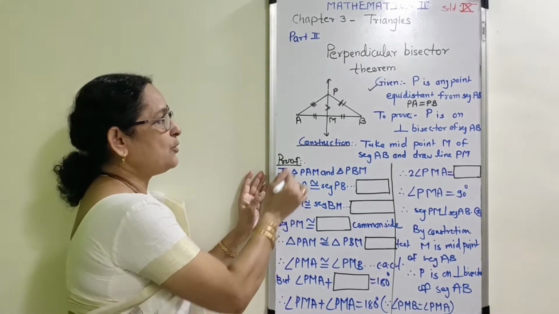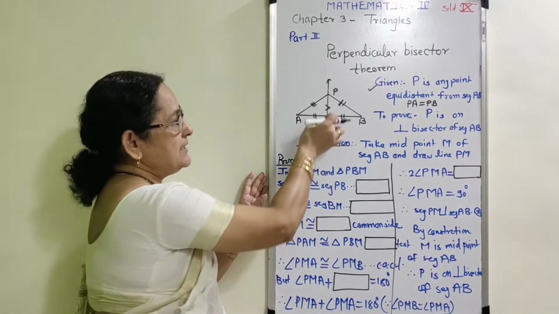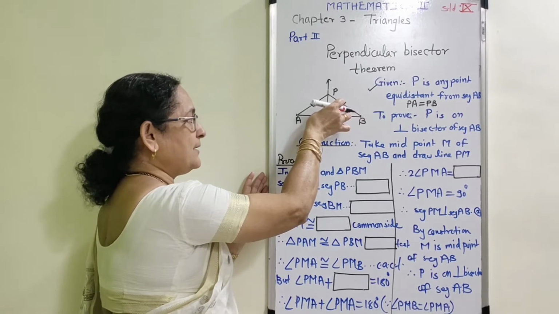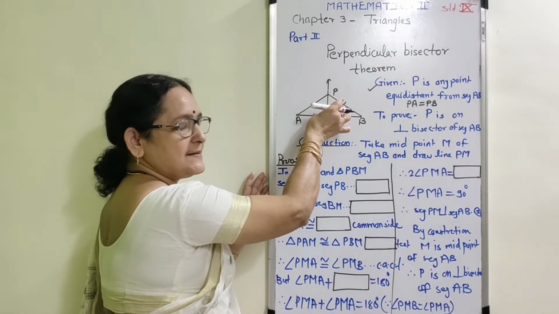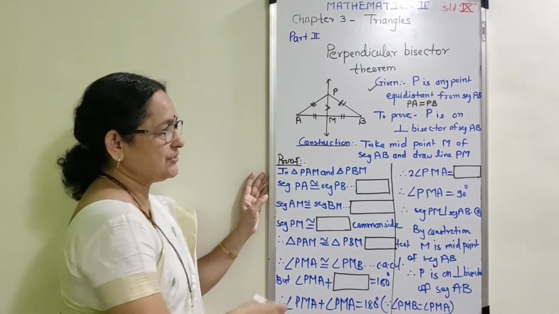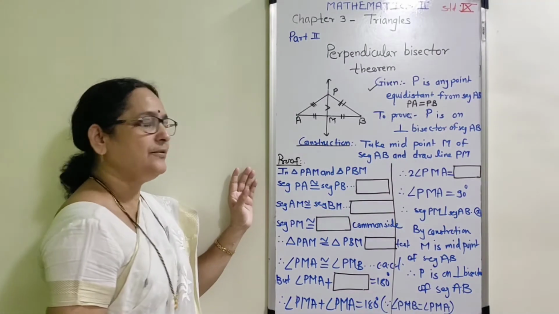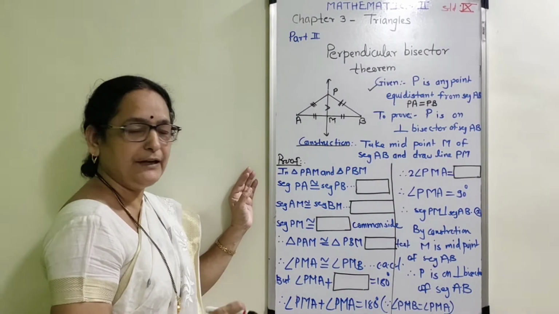Since the triangles are congruent, their corresponding angles are also congruent. But these angles are in a linear pair, and therefore their sum is equal to 180 degrees. Both the angles are congruent to each other, which means twice an angle is equal to 180, and therefore each angle is 90 degrees.